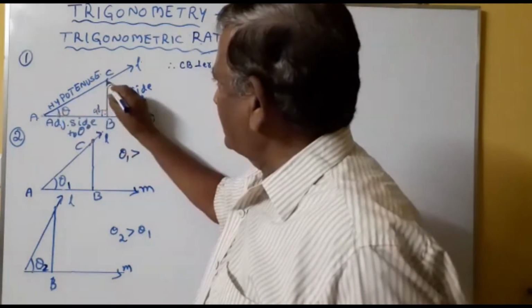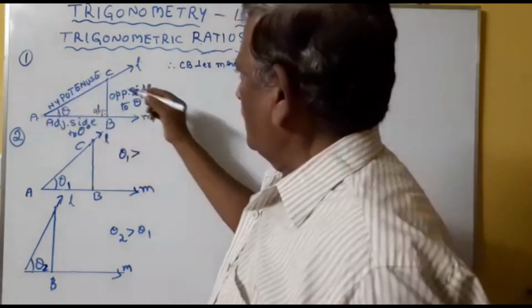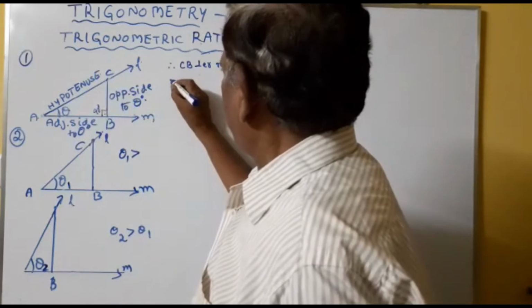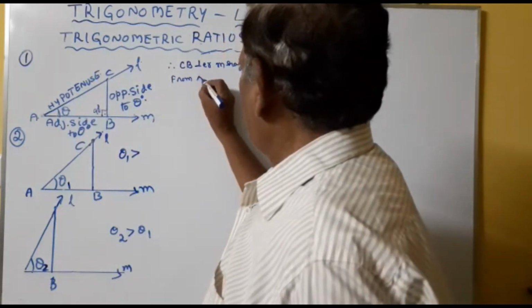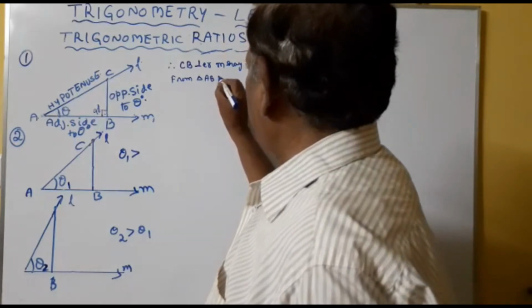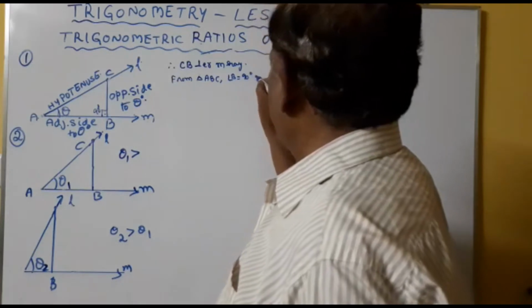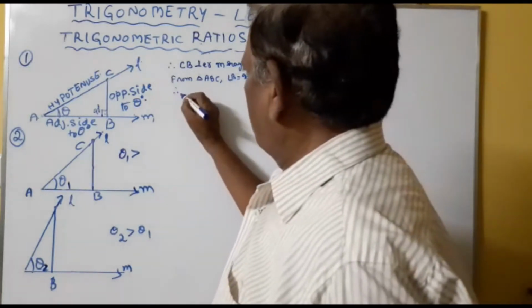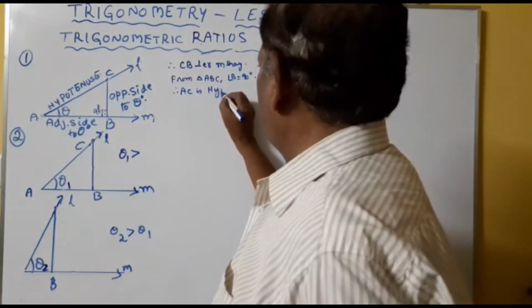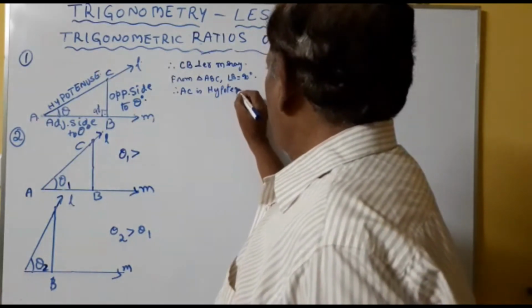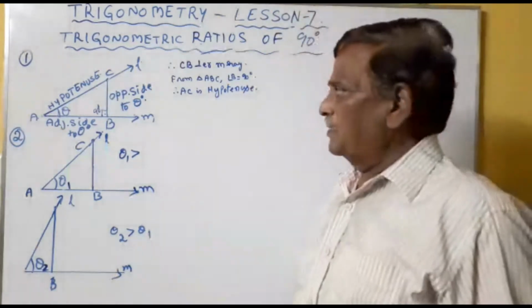Therefore, in right angle triangle ABC, angle B equal to 90 degrees, so AC is hypotenuse.